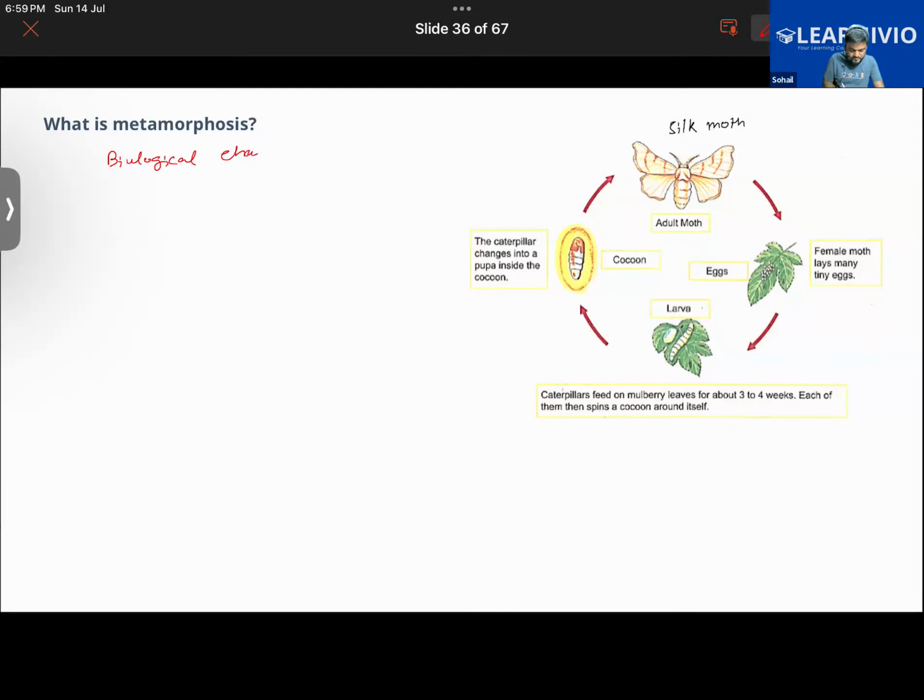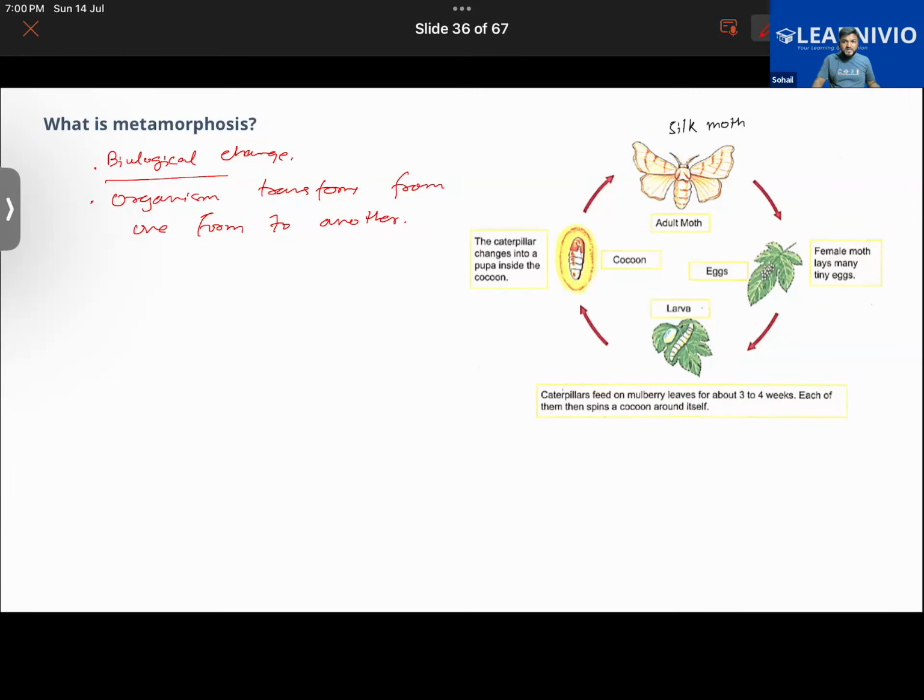Organisms transform from one form to another, right? It involves a series of structural changes, and those structural changes help the organism adapt to its environment.